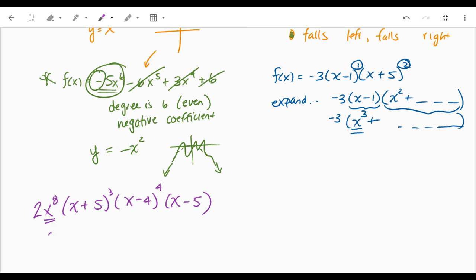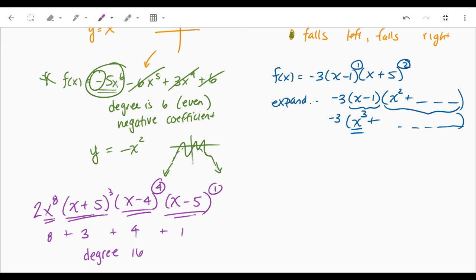I'd have an 8 on that x. I'd have a 3 on this x. I'd have a 4 on this one. And I'd have a 1 on this one. So the degree here would be 8 plus 3, which is 11, plus 4, which is 15, plus 1, which is 16. So it'd be 16. And I don't have to expand that all out to see that.